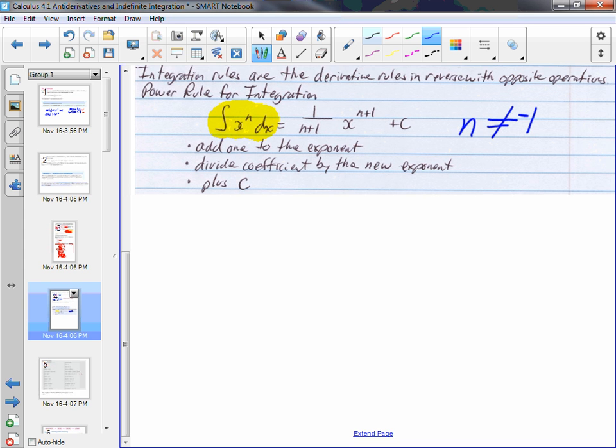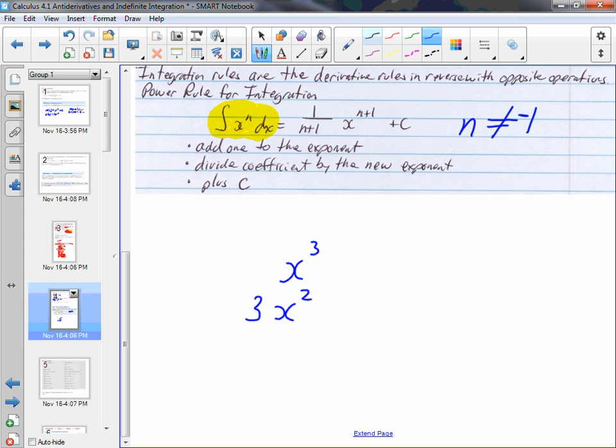Now, let's go back to finding derivatives for a minute, okay? If I wanted to find the derivative of that, wouldn't I multiply the 3 times the coefficient of 1, then have the x, and then subtract 1 from that exponent? Anti-differentiation is anti in every way. Different order and opposite operations.